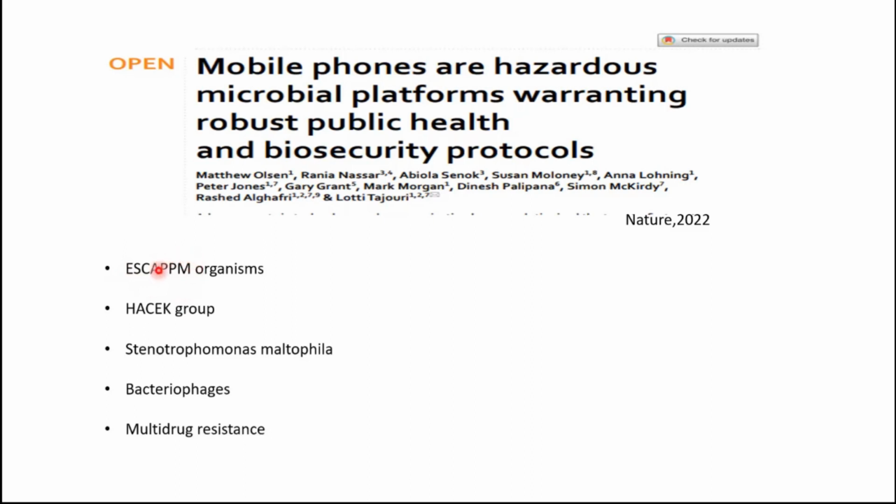And these Proteus group are known to carry intrinsic resistance to even colistin. Then Hafnia group of organisms, Stenotrophomonas maltophilia, and a wide range of bacteriophages that cause multi-drug resistance within the bacteria. And even in this study, the MR CoNS that were identified were resistant to vancomycin.